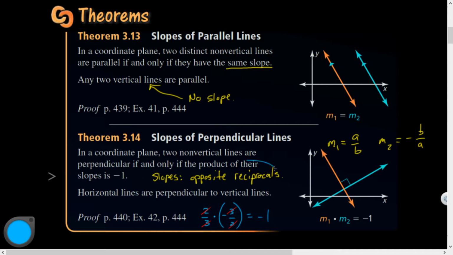But opposite reciprocals is the idea. I find that easier. Whatever is multiplied by its opposite reciprocal is always equal to -1. Or think about it this way: if I did 2/3 multiplied by 3/2, ignoring the minus sign, that would have been 6 over 6, and anything divided by itself is equal to 1.